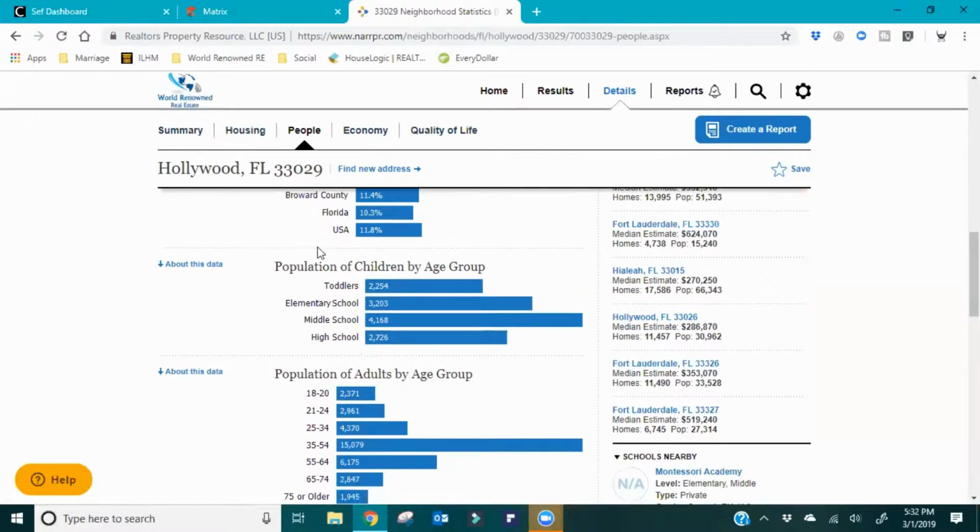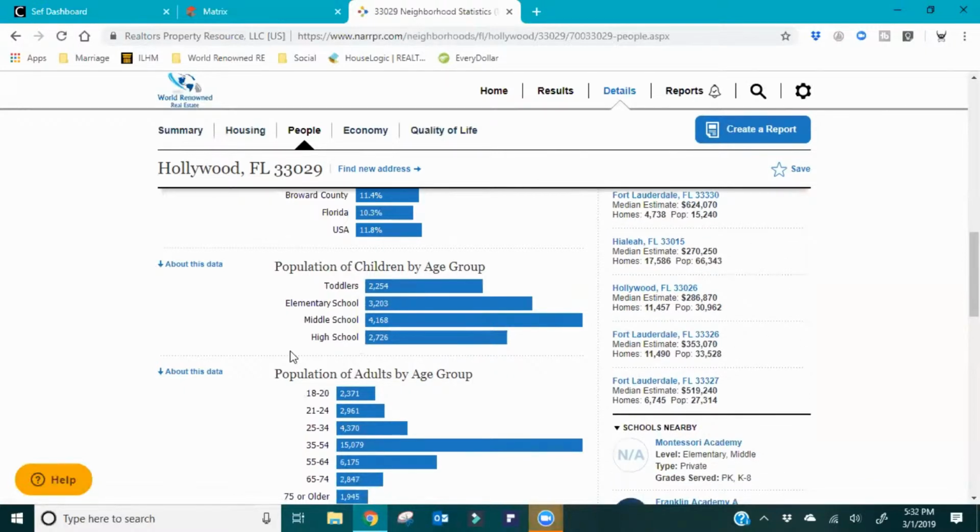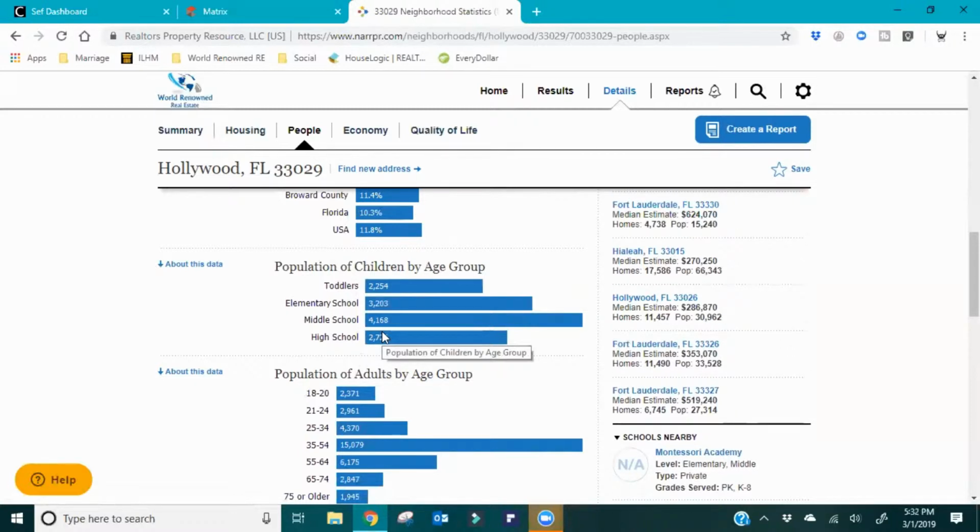This is great information to have, especially for marketing purposes for your business as a whole. But when I'm talking about a specific listing, what I do care about are the population and age of children, because I want to have some idea of who the possible buyer is for the property that I'm going to market or take to list.